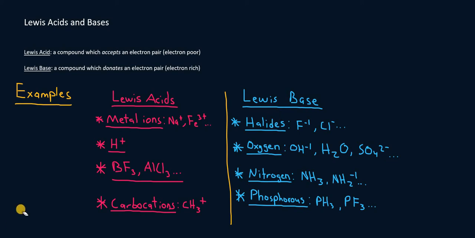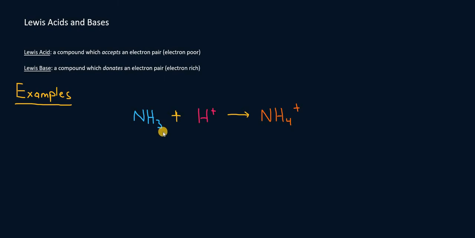So now let's look at a few examples of these Lewis acid-base reactions taking place. So here is a nice simple example of a Lewis acid-base reaction. So here we have ammonia reacting with a hydrogen ion, and it's going to produce the compound ammonium.